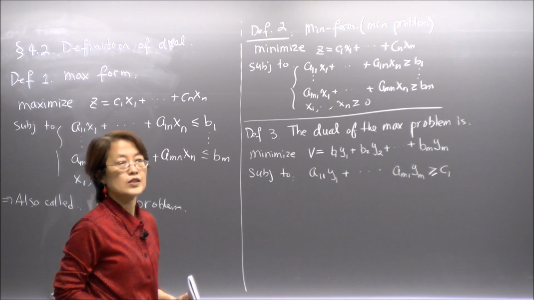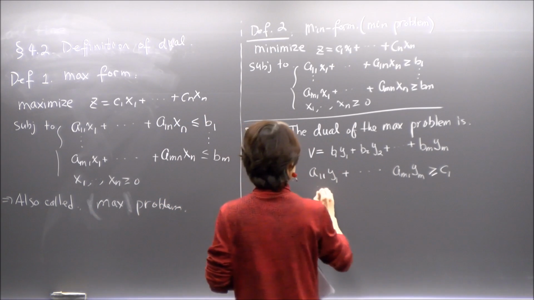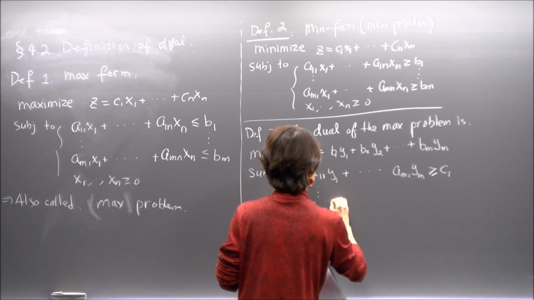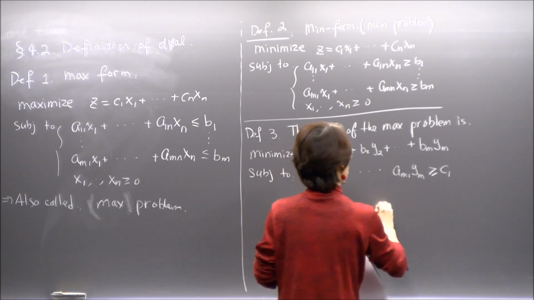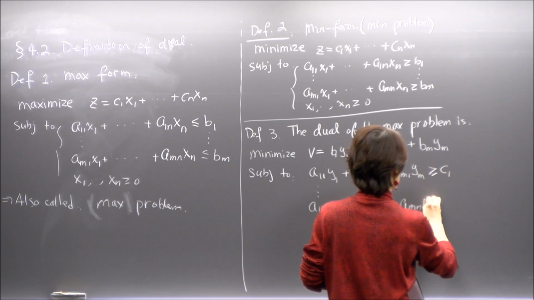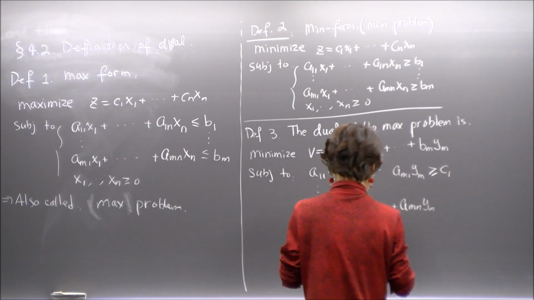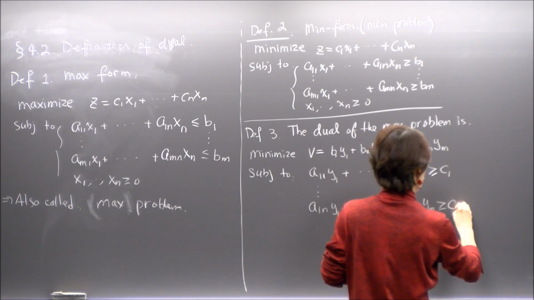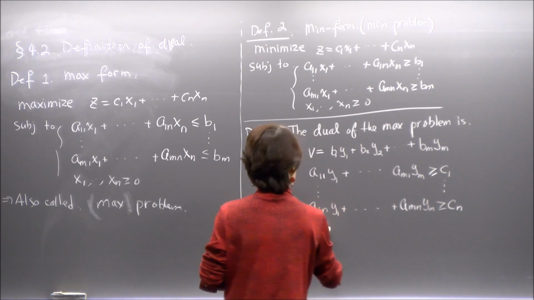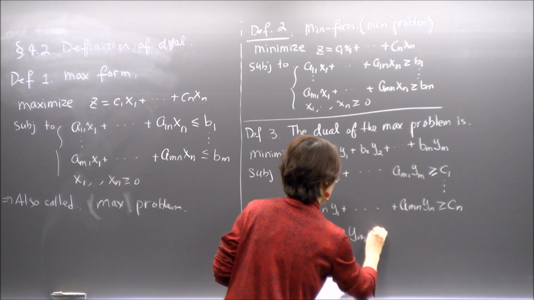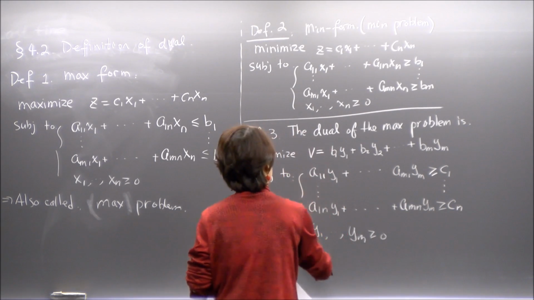That's for the first constraint, and you can do it for all of them. a1n y1 plus all the way to amn ym, and bigger than or equal to cn. And all the y's are bigger than or equal to 0.